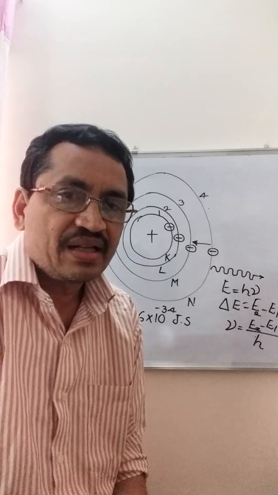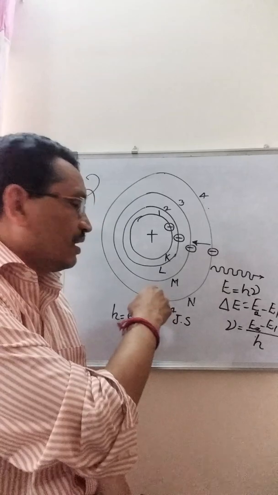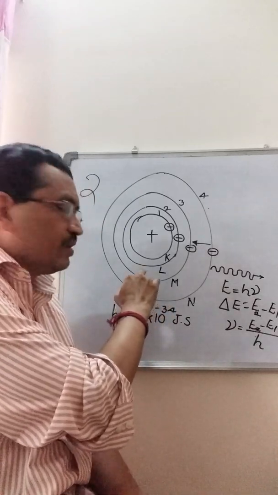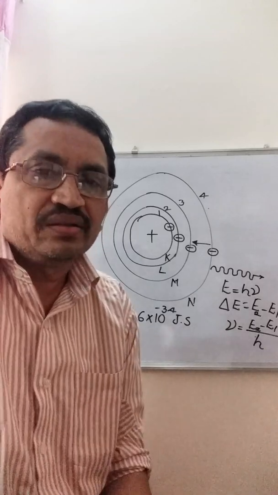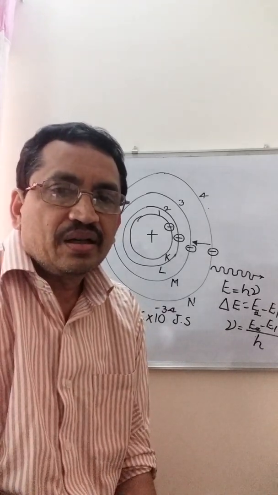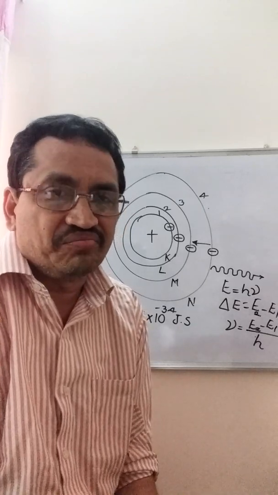The atom as it appears now, I have drawn on the board here. Before I look at the board, let us just find out what the particles are inside the atom.